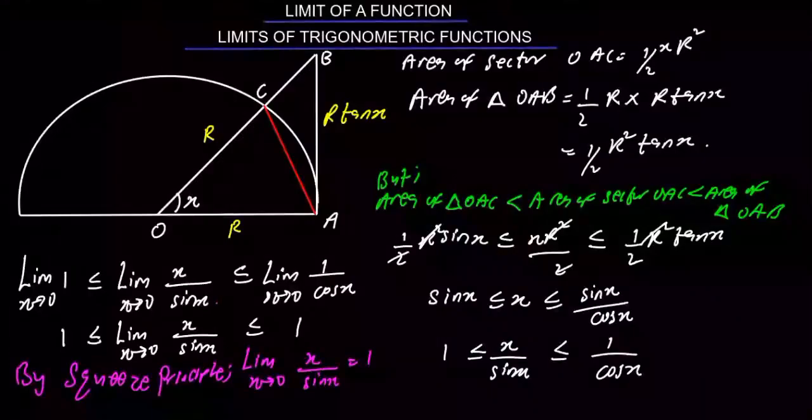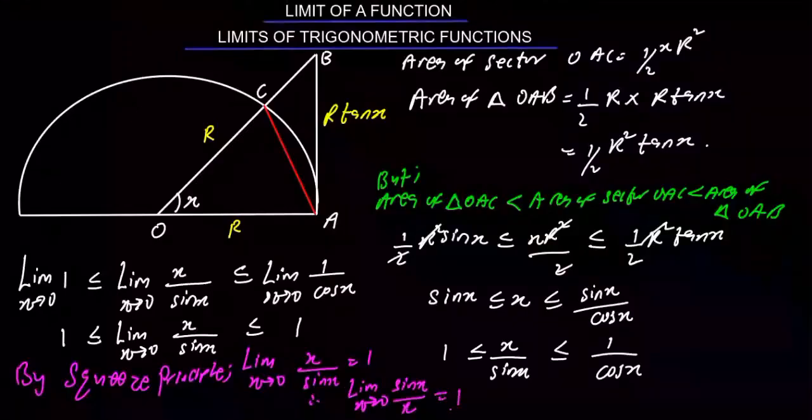Also, if I invert both sides, you also see that the limit as x tends to 0 of sine x over x will also be equal to 1. So that is what I'm trying to prove by trigonometry. I could prove this by all other methods, but since we are dealing with trigonometry, that's why I'm using a trigonometric proof.